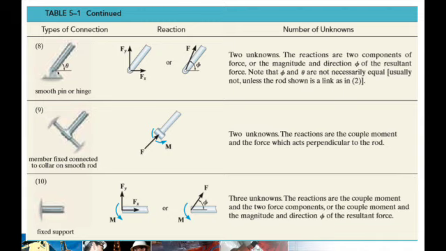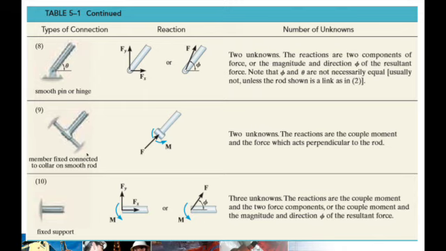So if you have a pin connection, can you move it along X? No, it's prevented. That's why there's a support reaction. Can you move it along Y? No as well. That's why there is a support reaction. I hope you can see the difference of the smooth pin or hinge connection from a roller or rocker connection. That's why we have support reactions along Fx and Fy.